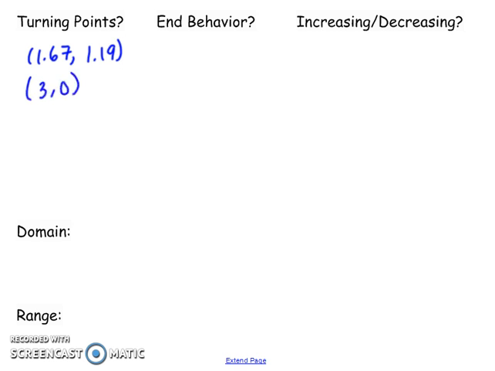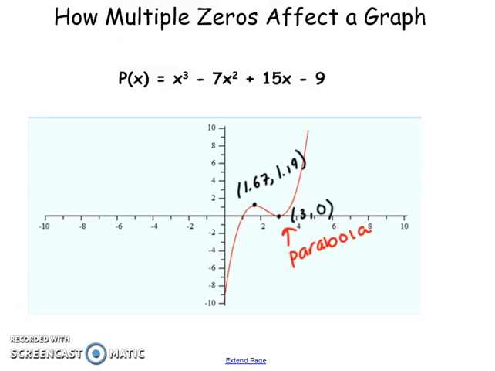Now we have our end behavior. Remember, since there's two ends, we have two end behaviors. This first one, if we were to continue this line, the arrow would actually be in the third quadrant. So here, the x's are going to be negatives, and the y is also going to be negative.